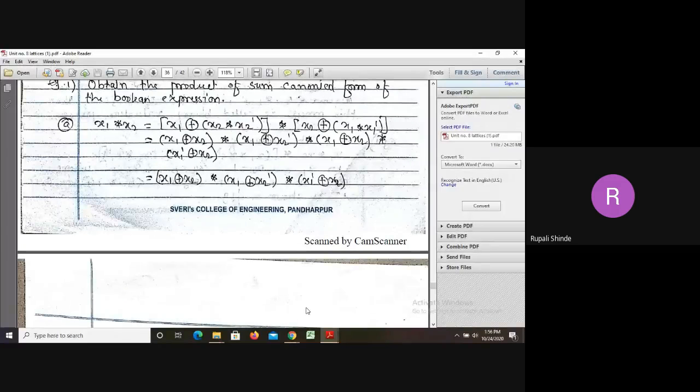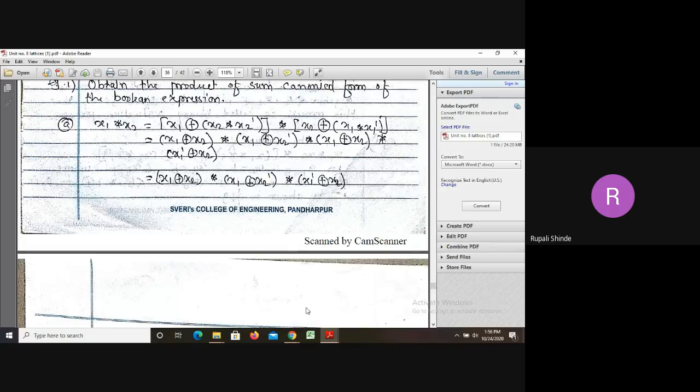Then the next 0, the values of these variables are 0, 0, 1, so x1 xor x2 xor x3 complement. For the last zero, the values of these three variables are 0, 0, 0, so x1 xor x2 xor x3.